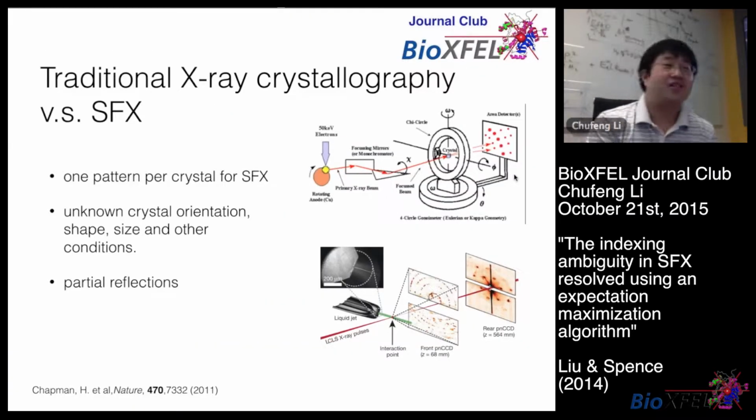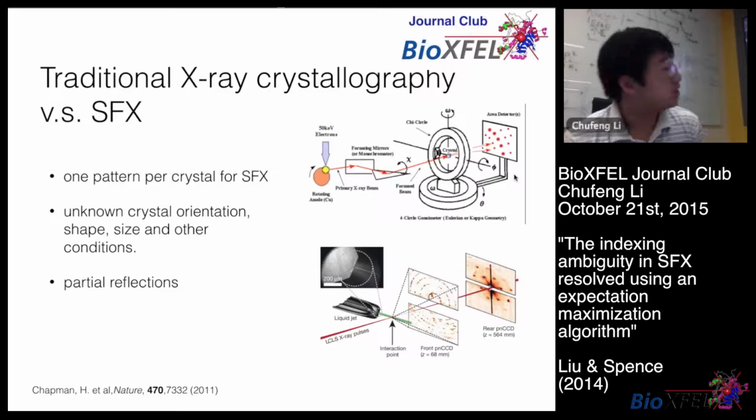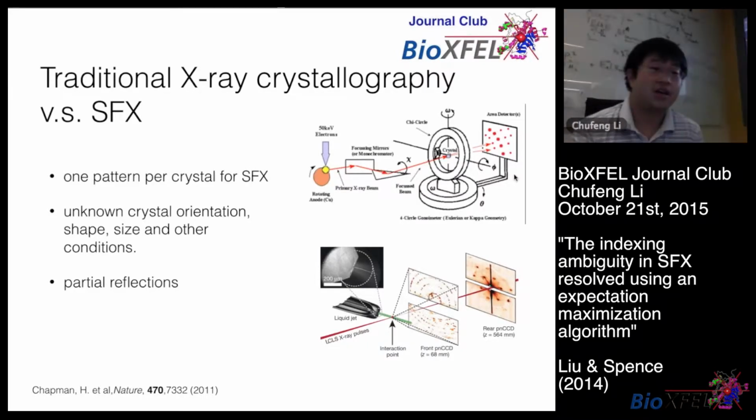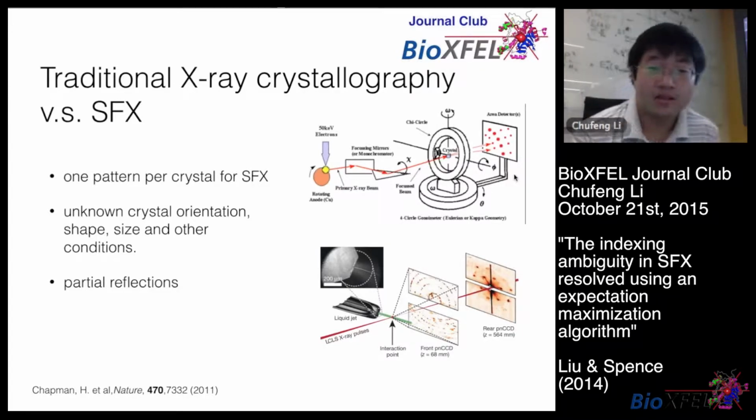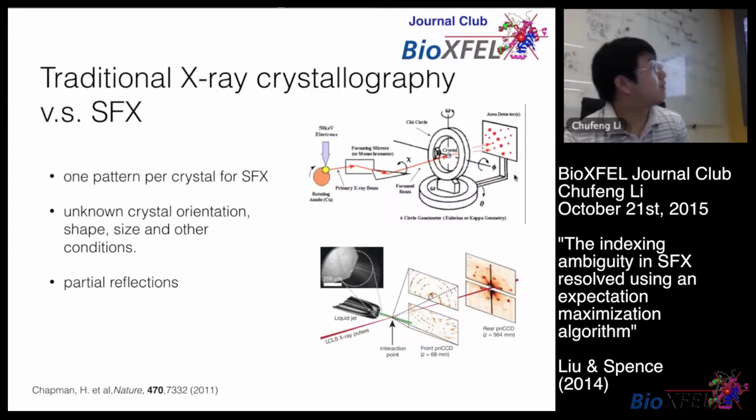Okay, so before we go on to the term of indexing ambiguity, let me help you recall some SFX basics. SFX differs from traditional X-ray crystallography in several aspects. In traditional X-ray crystallography, we have the goniometer to rotate the crystal so that the oscillation series can be recorded.